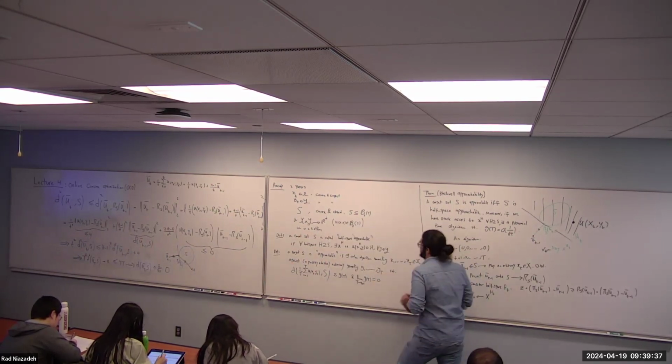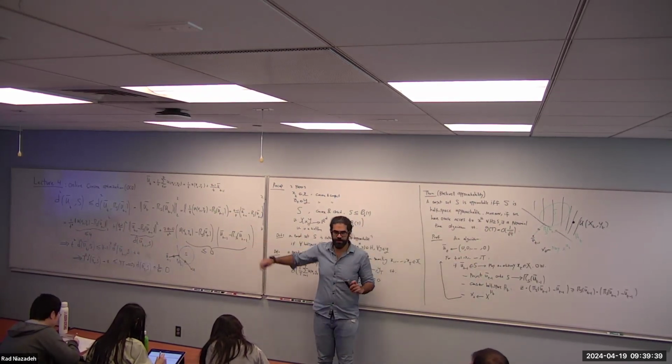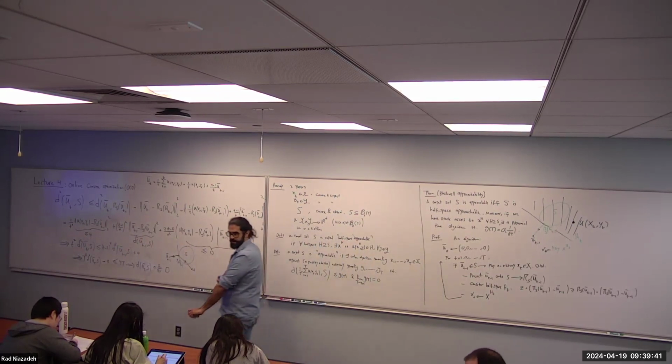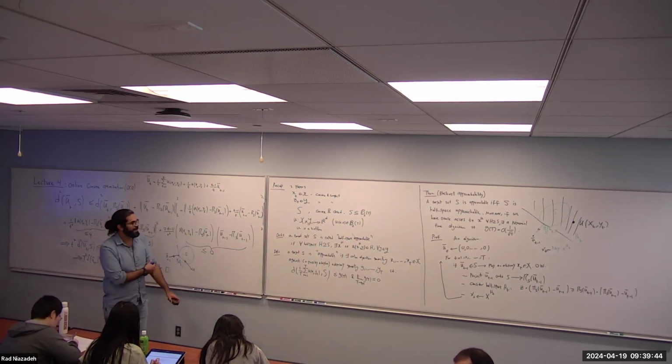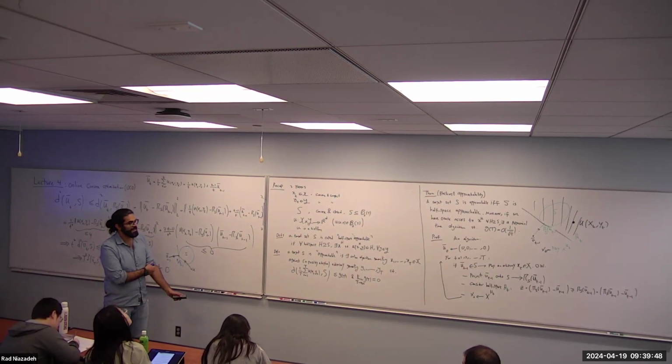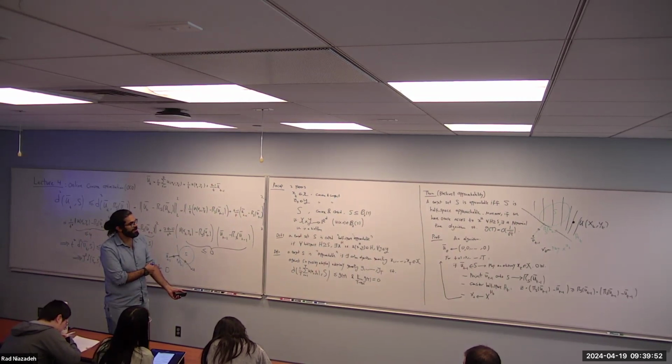Before that, is there any question about this one? Yes. Doesn't it run like a gradient descent on the function? No. Well, what does that even mean? D is a function of U, right? If I fix S, I have D of some U and S. I want to minimize that.